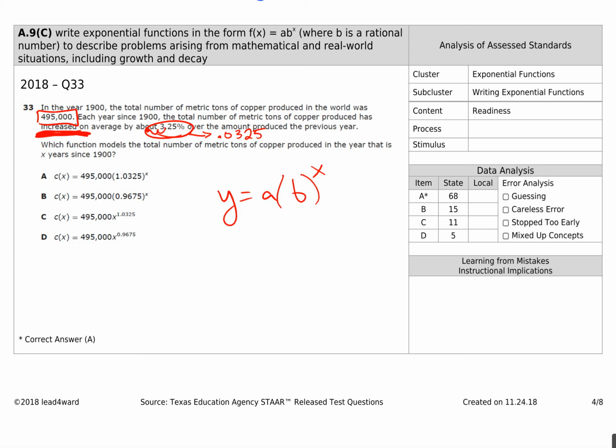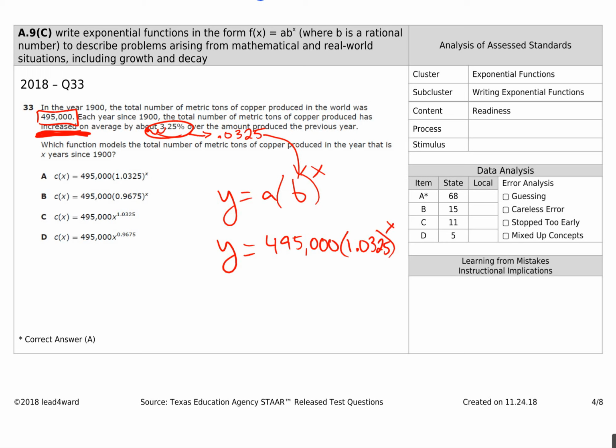0.0325. We don't, however, just put that inside of the parentheses for the growth rate, because that is less than 1. It would be a decay. It would be reducing it by a significant amount. So for it to grow, we have to add 1 to it. So it's y is equal to 495,000, our y-intercept or initial value, and then 1 plus 0.0325 to the x.